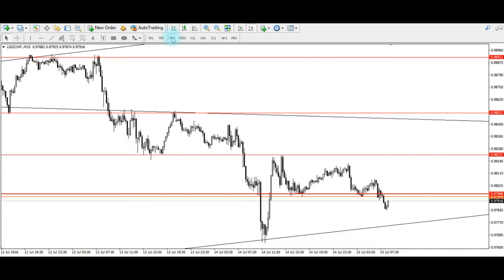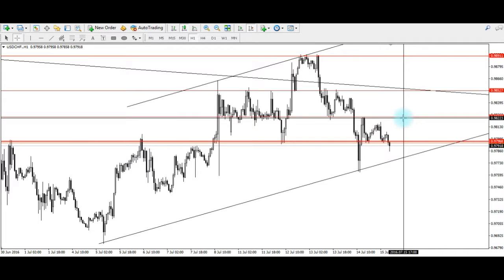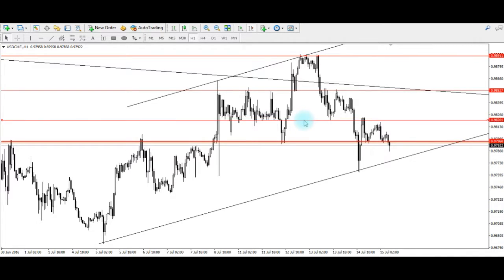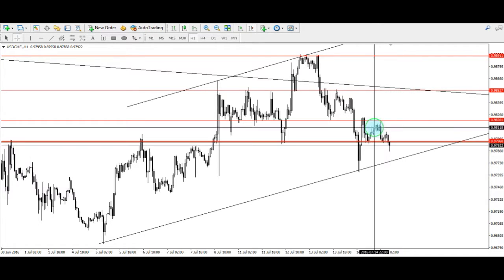The first level we have to be aware of is somewhere just below the support resistance level. I should shift this a little bit lower to this level at 98.20 as the first level, followed by the major key resistance at 98.52, should the price resume appreciation after the rebound and the retracement.